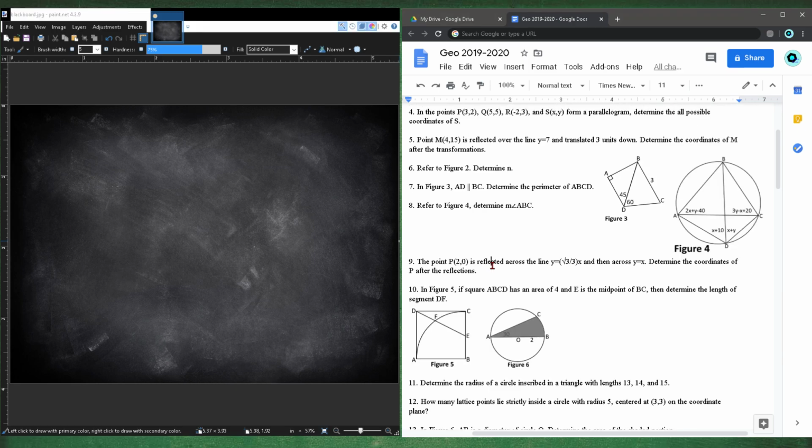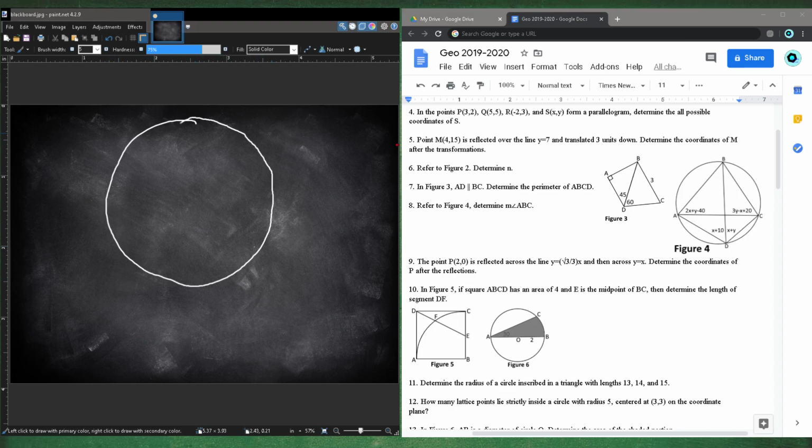Number 8, which refers to figure 4. Okay, so to determine angle ABC, I'm going to draw this out for you. Something like this with a quadrilateral. Oops, that's a bad drawing. Like this and this. And then this angle over here, they said it was 2x plus y minus 40.